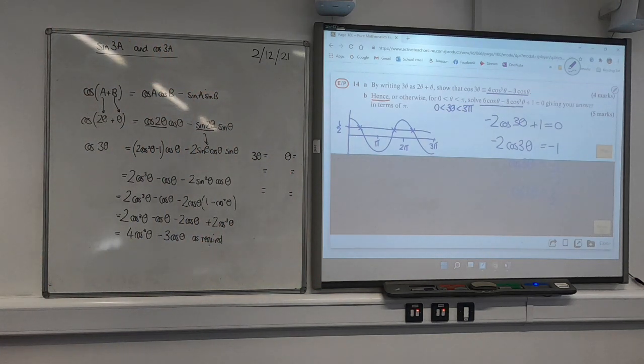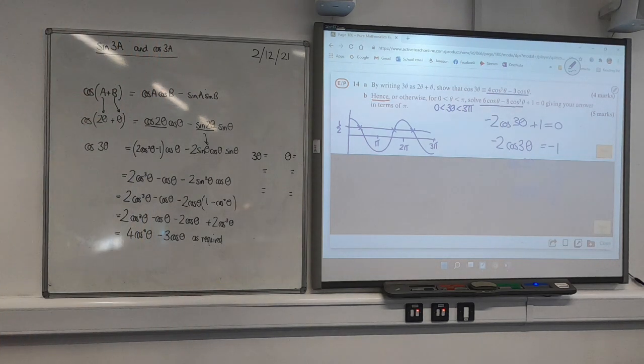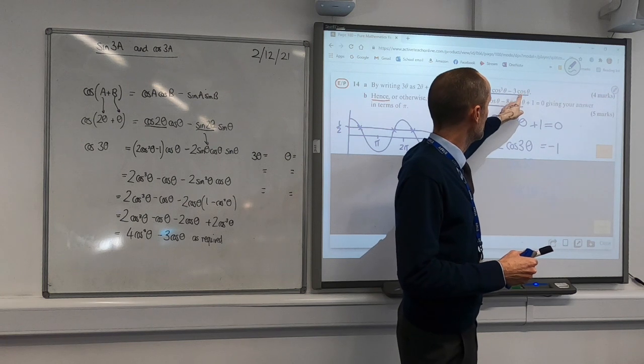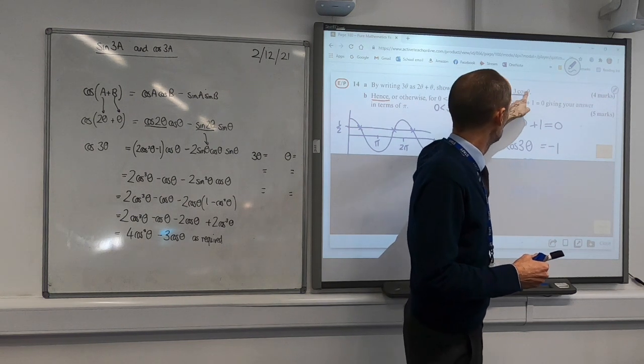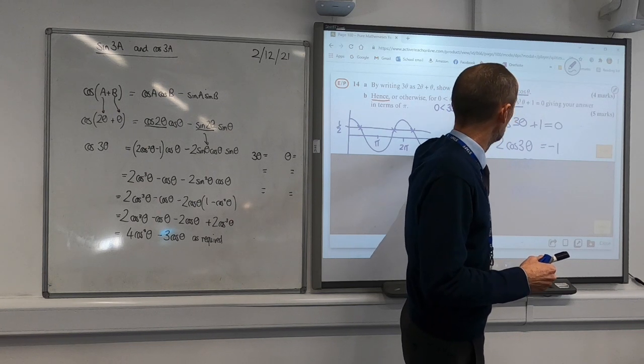Yes, you changed the first one to the second one by changing it by minus 2. Where did the cos come from? Why did it change? So minus 3 cos 6 theta has become 6 cos theta. So that's multiplied by minus 2, and that's multiplied by minus 2.